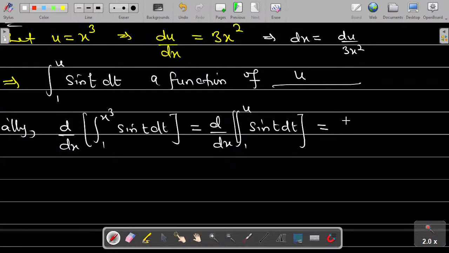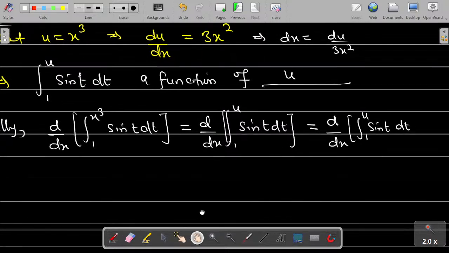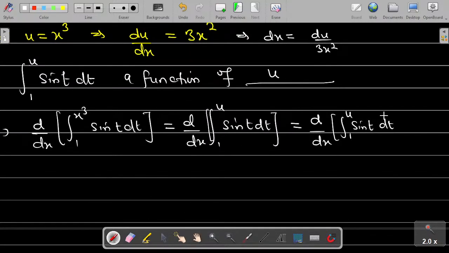Okay, but let's just leave it that way, and then look at what we have here. You are aware that if I have d/dx of my integral from 1 to u of sine t dt, okay, remember to close your brackets, I can actually do something here.